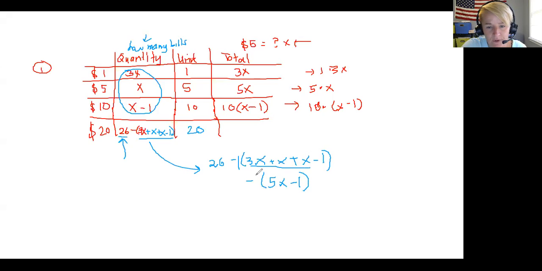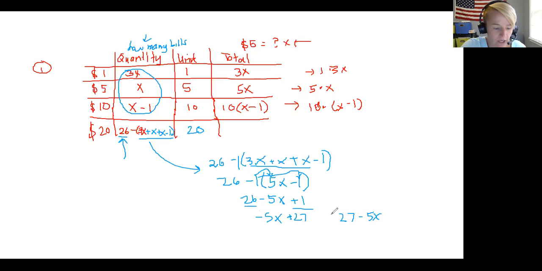And now I have a negative 1 outside here and a 26 minus all this. So I'm going to just factor. Negative 1 times a positive 5x is going to be a negative 5x. And then a negative 1 times a negative 1 is going to be a positive 1, and I can just bring down that 26. I've broken open my parentheses now, and I can just combine like terms, which is a 26 and a 1. So you can either say negative 5x plus 27, or if you want to say 27 minus 5x, either one is fine. It's just kind of the same thing.